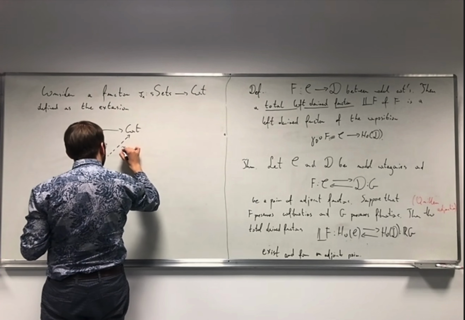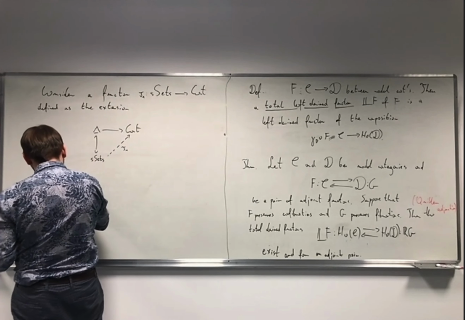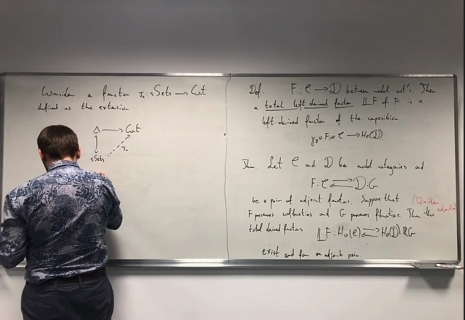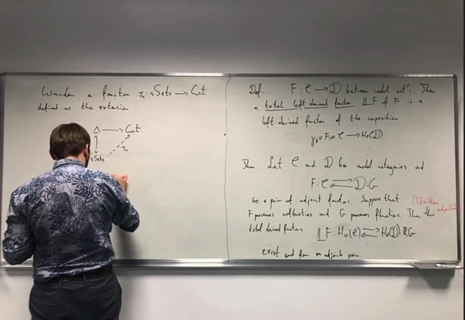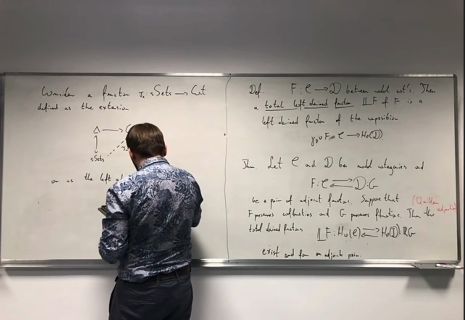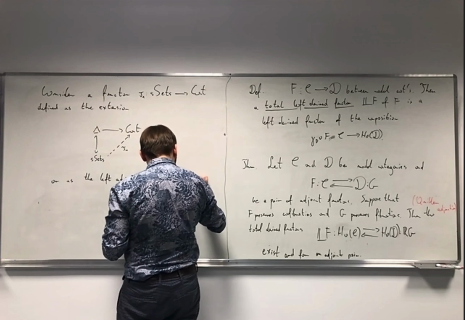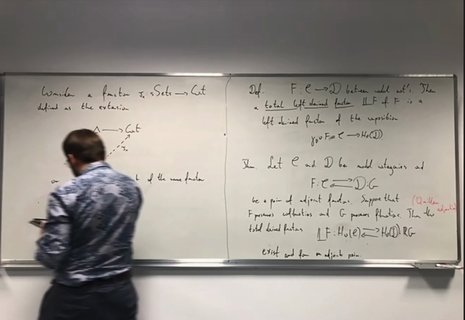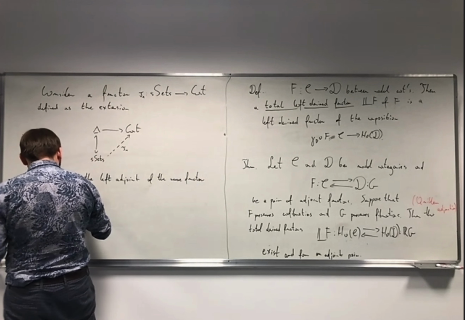So we want to have this extension, or equivalently, the left adjoint of the nerve functor from Cat to simplicial sets.